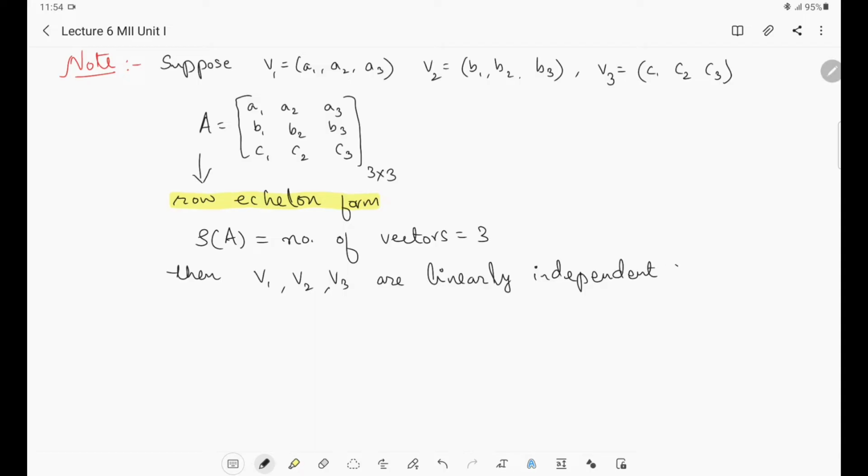If the rank of the matrix is equal to the number of vectors, then the vectors are said to be linearly independent. Otherwise, if the rank of A is less than the number of vectors, then v1, v2, v3 are linearly dependent.